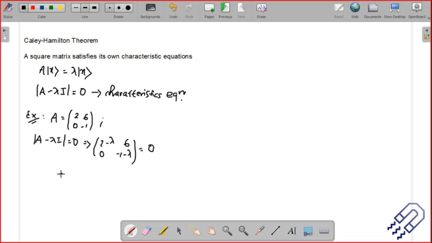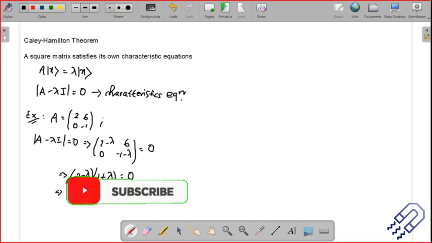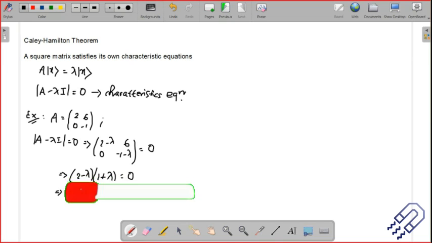If we do it, we get 2 minus lambda into 1 plus lambda equal to 0. Opening the brackets, there will be 2 plus 2 lambda, and then minus lambda square, equal to 0.